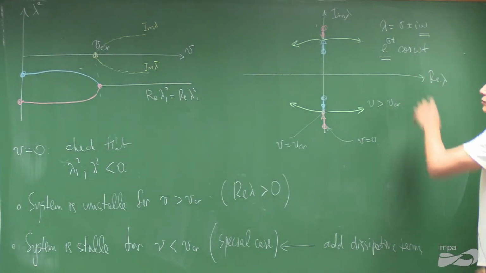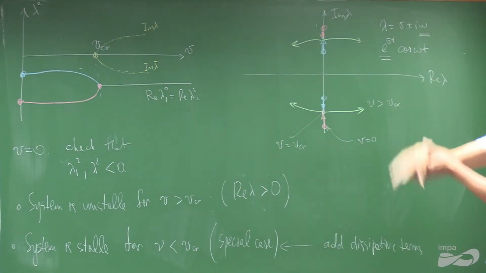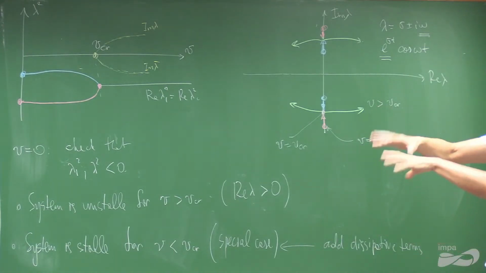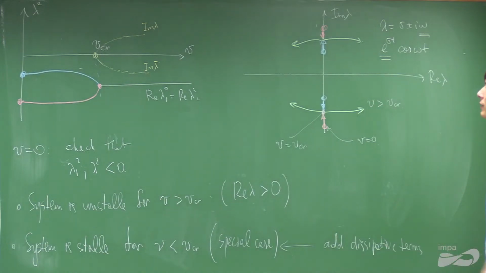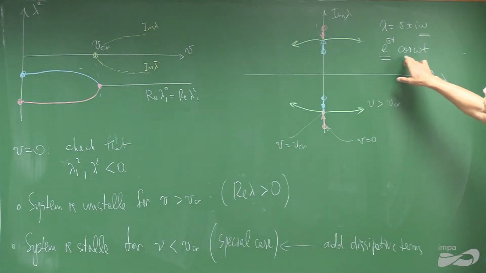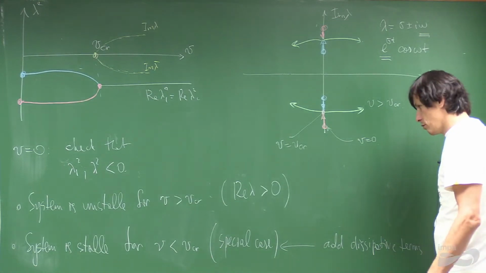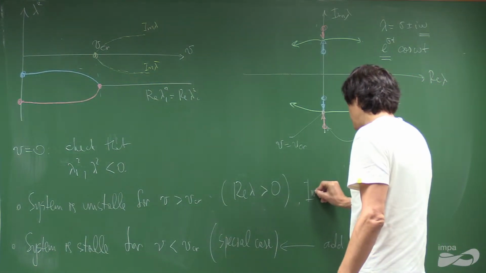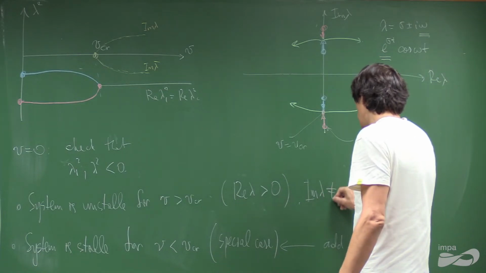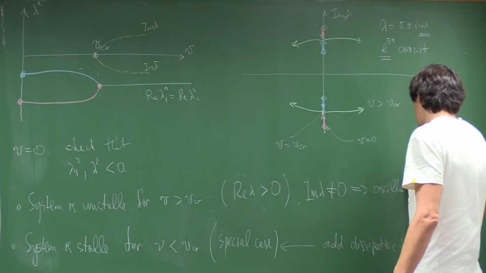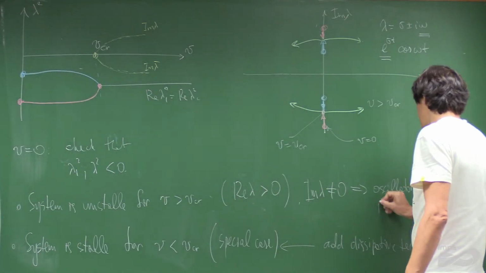So you see that the growing mode will be oscillatory. At that moment, it will be limited by nonlinear terms, but anyway, the instability will be oscillatory. So in the first case, since imaginary part is non-zero, we have oscillations. Oscillatory instability.